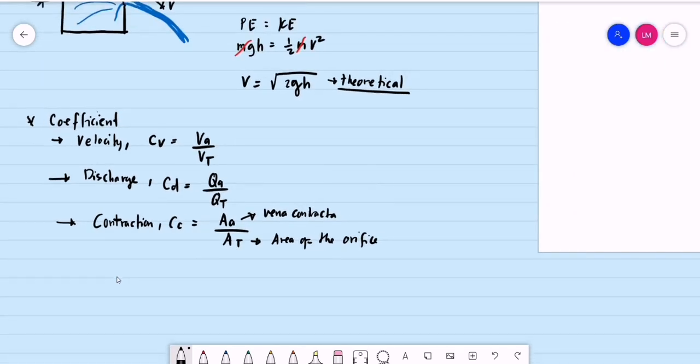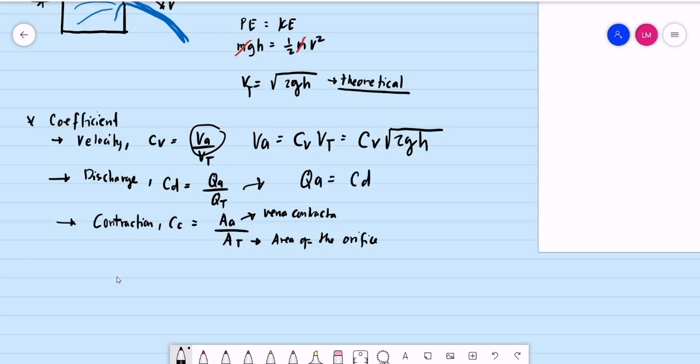So for example, how do we compute for the actual velocity? Actual velocity is equal to C sub v multiplied by the theoretical velocity, which is the square root of 2gh. Then how do we compute for the actual flow rate?